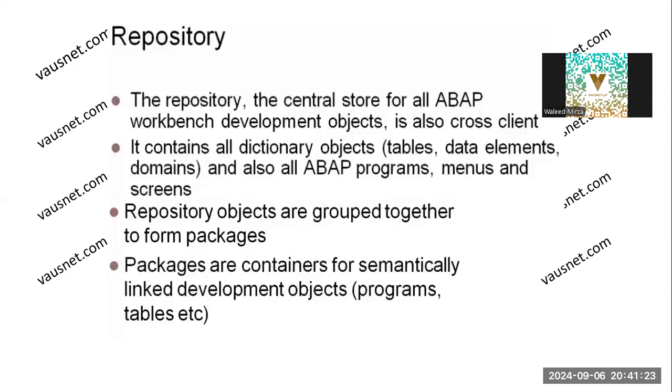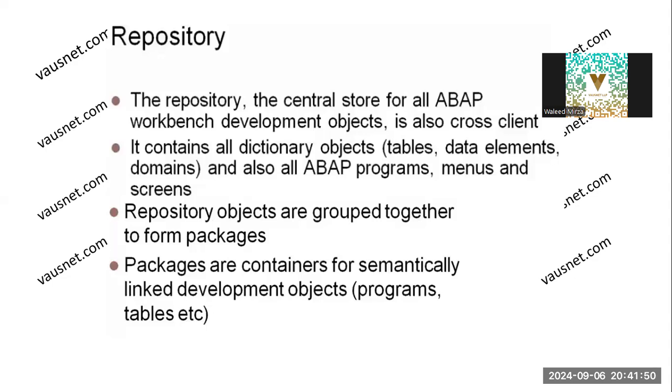The repository is the central store for all the development objects and programs. This is also cross-client. The programs are cross-client, okay, and it contains all dictionary objects and programs. Repository objects are grouped together to form packages. Now, packages contain all the programs, the logic, the code, the syntax, and the data as well. And that is then packaged for another client.